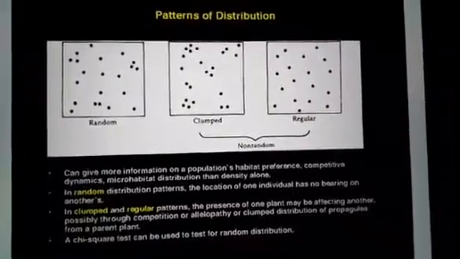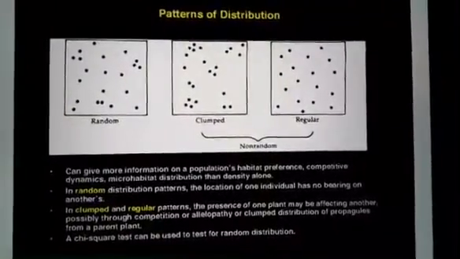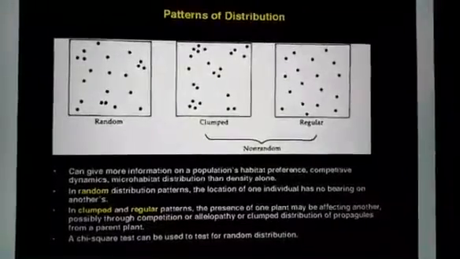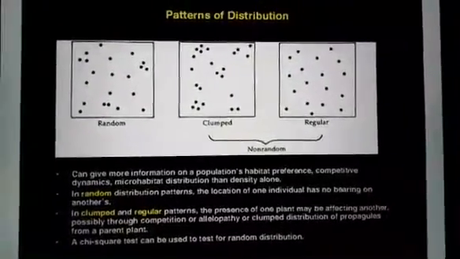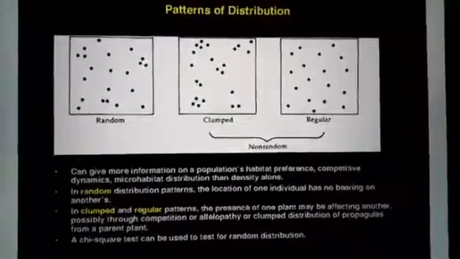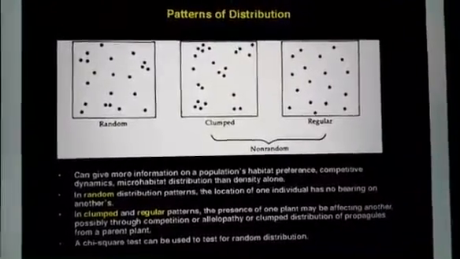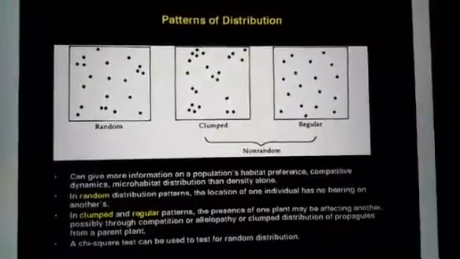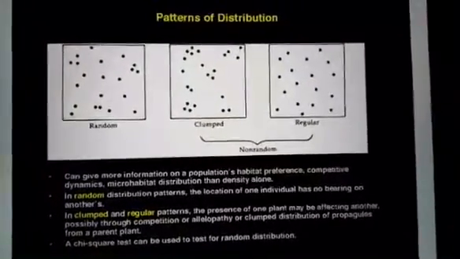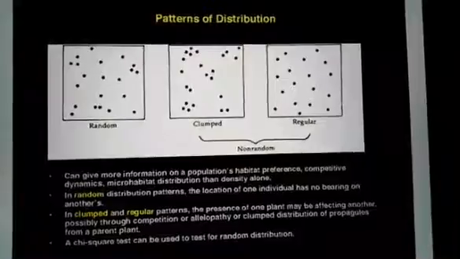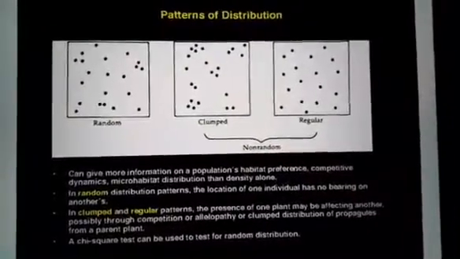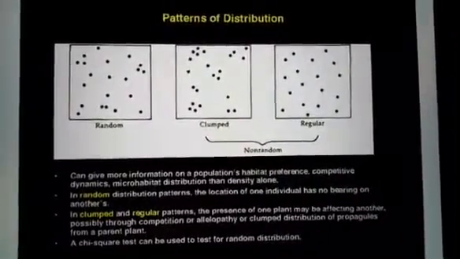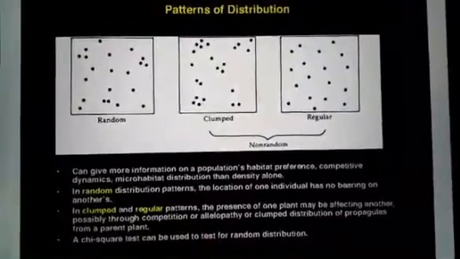A chi-square test can be used to test for random distributions. So these are the three ways in which plants can be distributed in nature. When you are asked, you need to be able to remember these three, illustrate them the way they appear, and be able to tell a few stories about them.